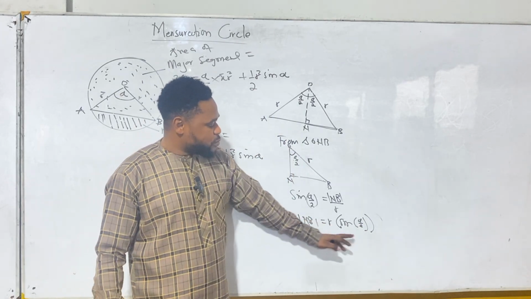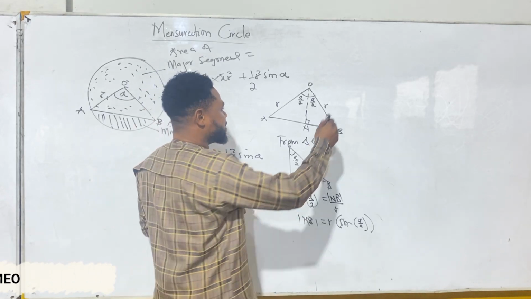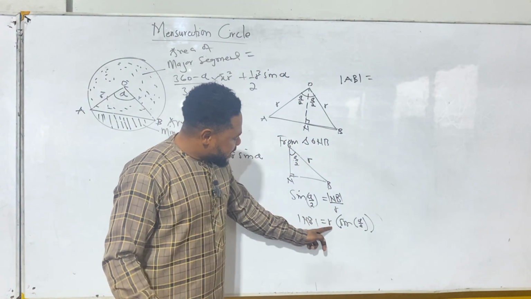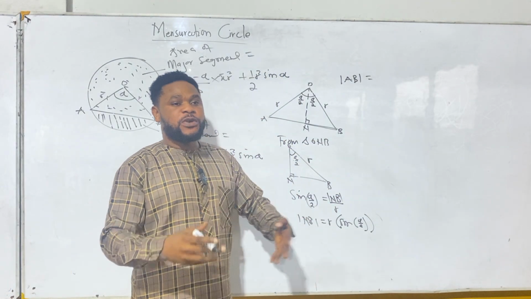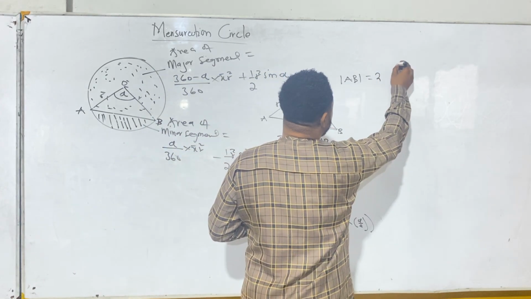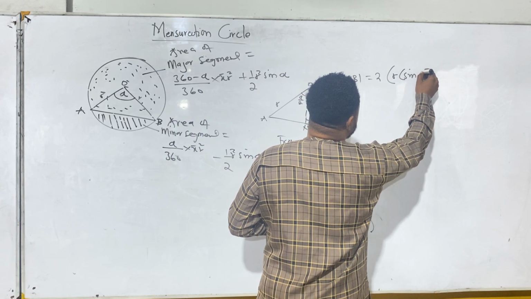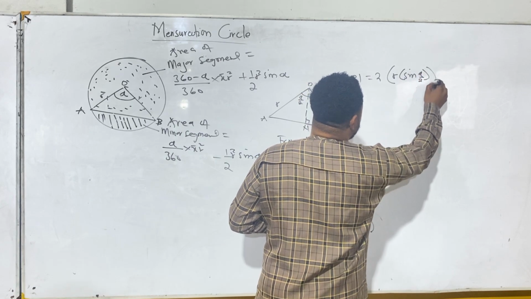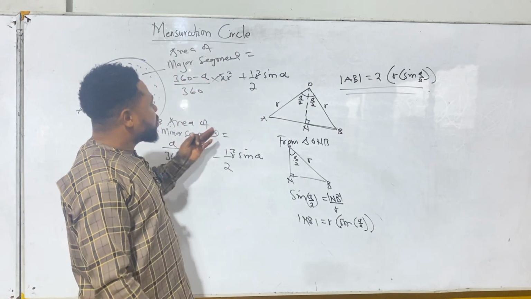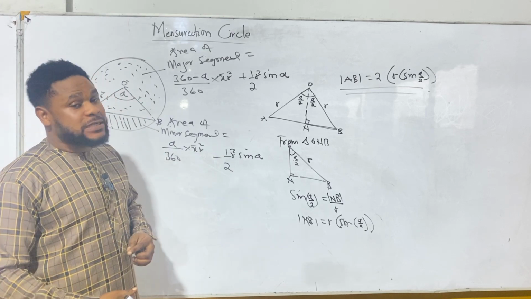Then when we multiply, we are going to get a number. So what do we do next? Then we can say that our AB should be equal to the number that we get here multiplied by 2, and that will give us the length of the chord. So we can say 2 multiplying R multiplying sine of alpha divided by 2 is going to give us the length of the chord. So this is how we can find the length of the chord from the circle.